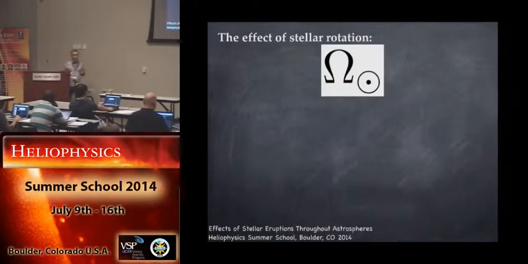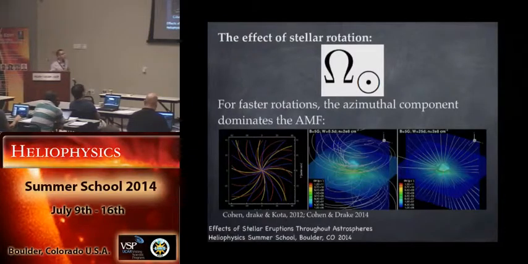We know that young stars rotate much faster than the current sun. The current sun has a rotational period of about 26 to 27 days. Young active stars can have rotation periods of 2 days, 1 day, half a day. They rotate really fast. So let's see how the field line structure in the heliosphere changes for fast rotations.